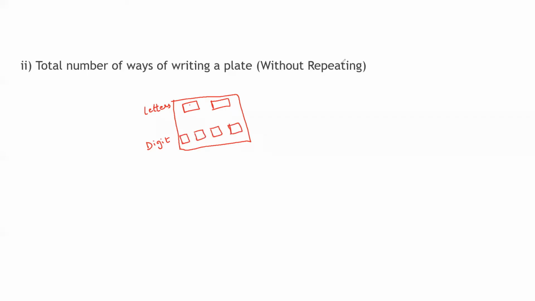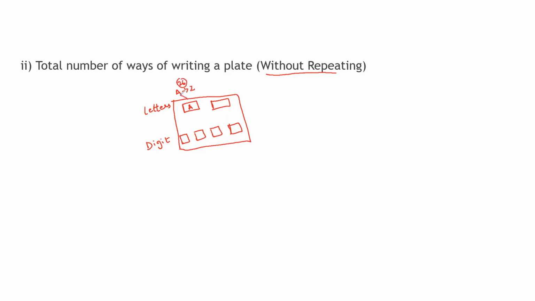Say for example, I use letter A here. Then for the second letter I cannot write A, because without repeating, A should not be repeated now. Here, how many alphabets are there? A to Z, total 26.